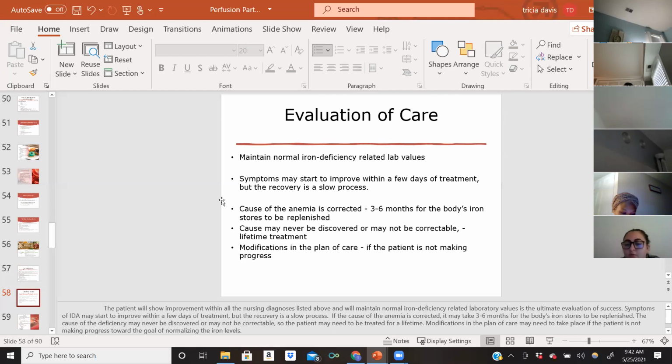Complaining of that fatigue. The cause may never be discovered, or it may not even be correctable, and they may require lifetime treatment. I have seen patients that come in and we do every test under the sun, endoscopies, colonoscopies, all the tests, and we can never really figure out where they're losing that blood from. And then sometimes it is just a lifetime process.